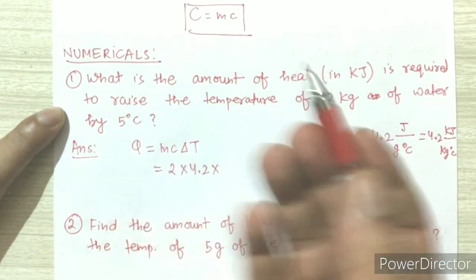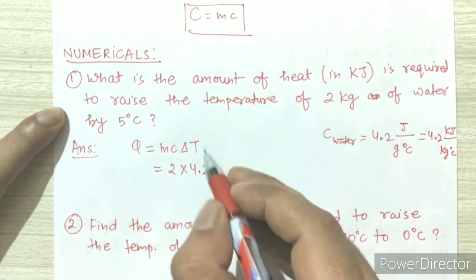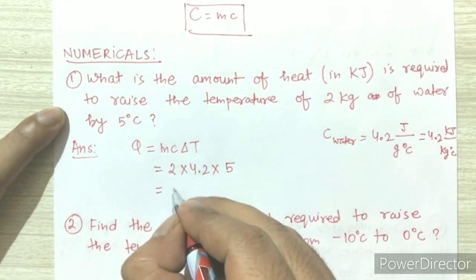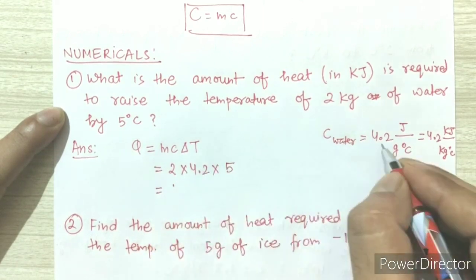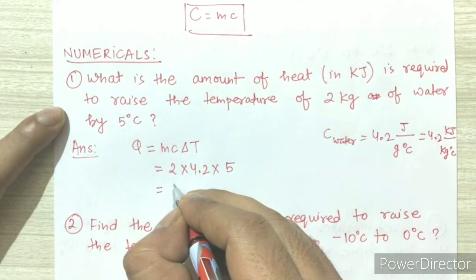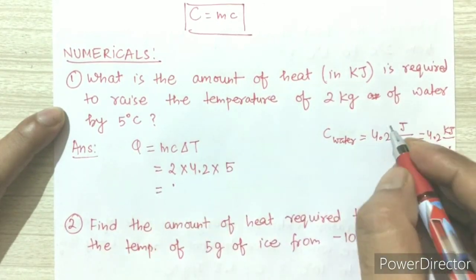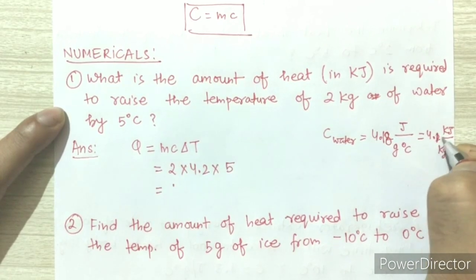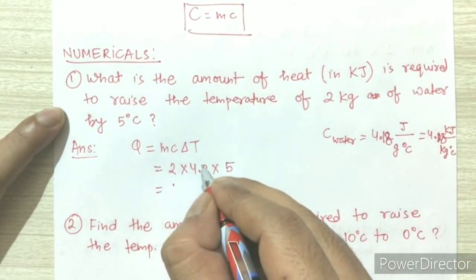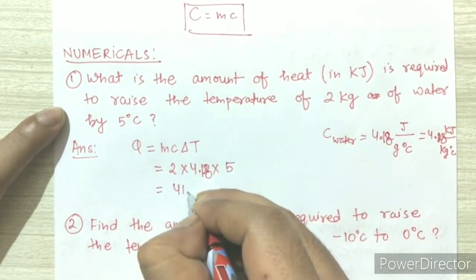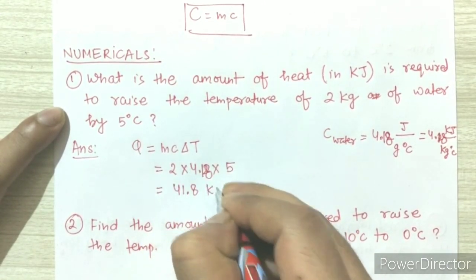Delta T is 5 degrees Celsius. So if we simplify this, it will become 41.8 kilojoule.